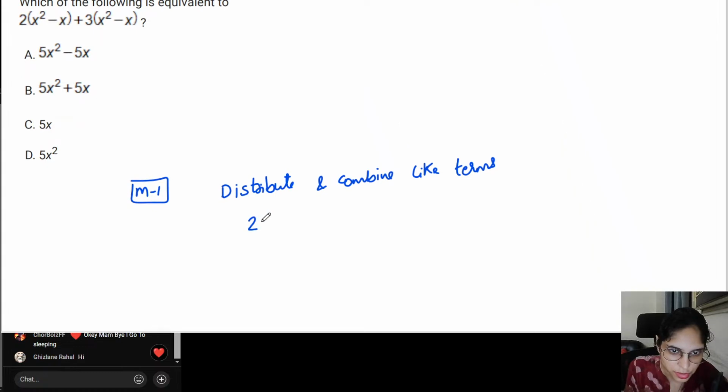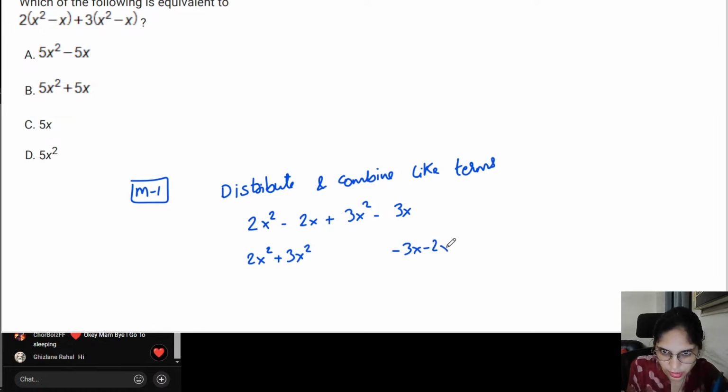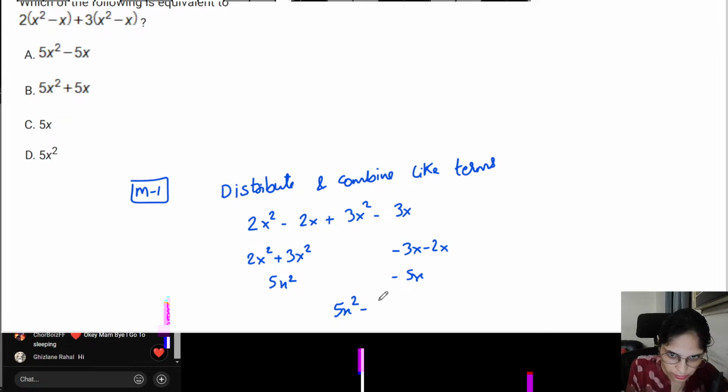So after distribution it is 2x squared minus 2x plus 3x squared minus 3x. Now combining like terms, 2x squared plus 3x squared, and then you have negative 3x minus 2x here. This is 5x squared, this is minus 5x. So our answer is 5x squared minus 5x.